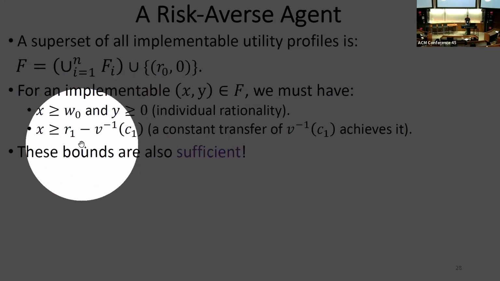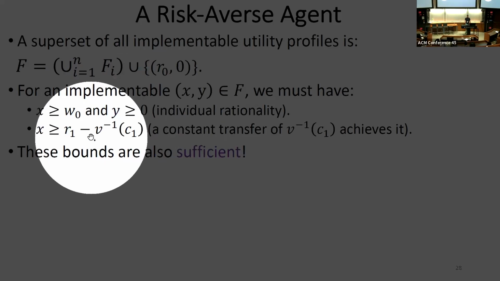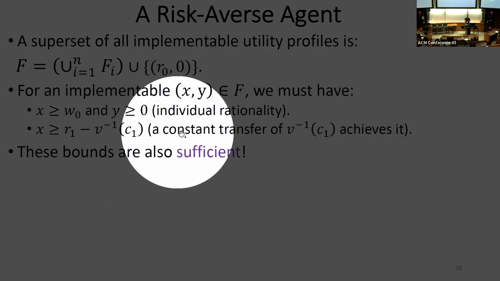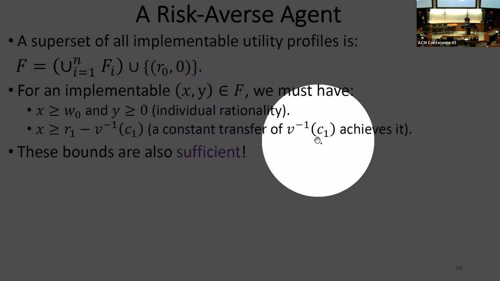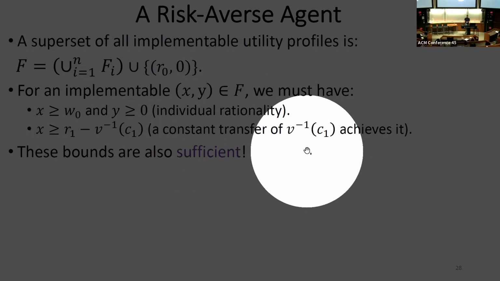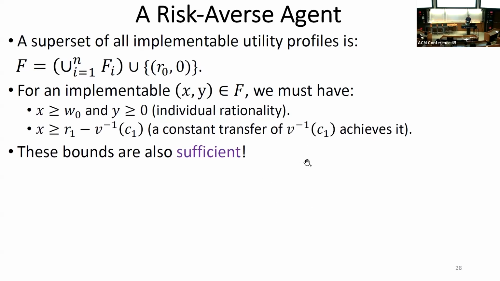But also we have a condition on the utility of the principal that is based on a simple contract that always transfers, regardless of the signal, the inverse function of V evaluated at the cost of the least costly action. And why is this?